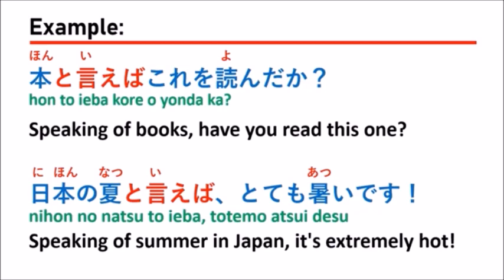For example, we talk about the summer in Japan, and you take the example of hot or extremely hot to represent the story we're talking about.